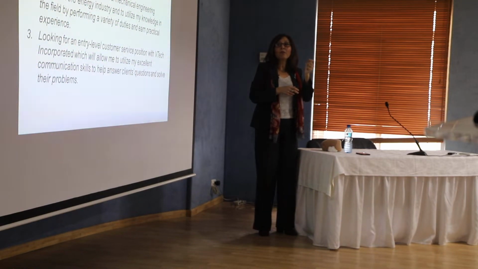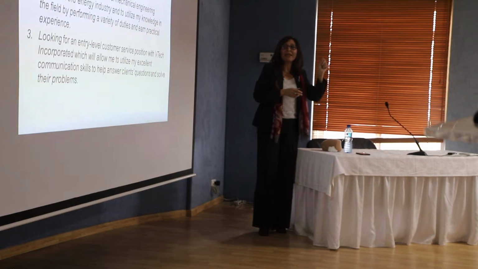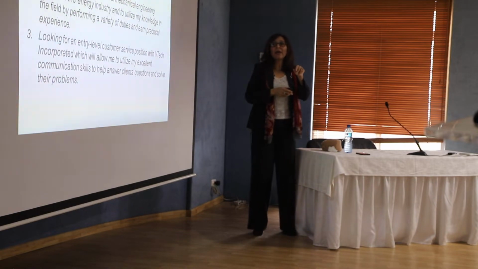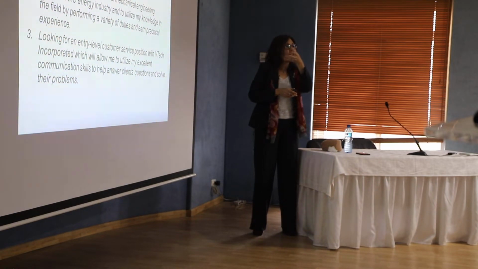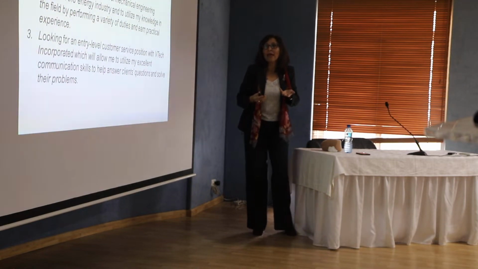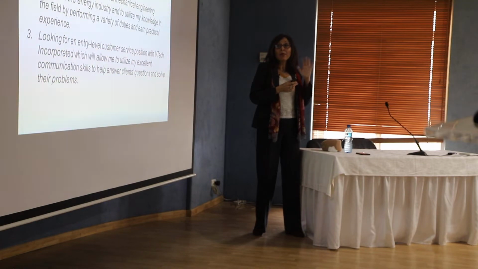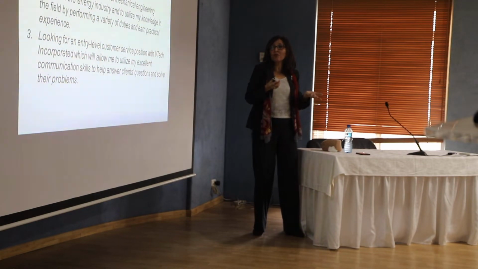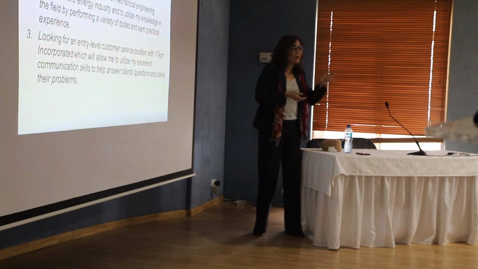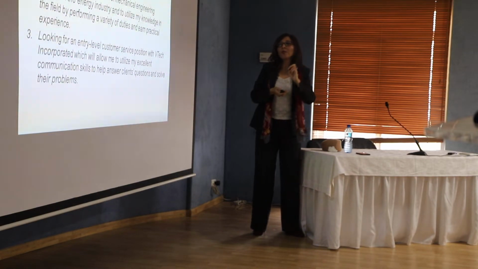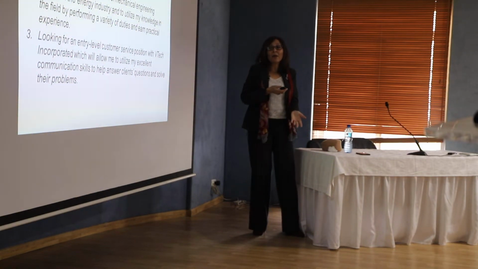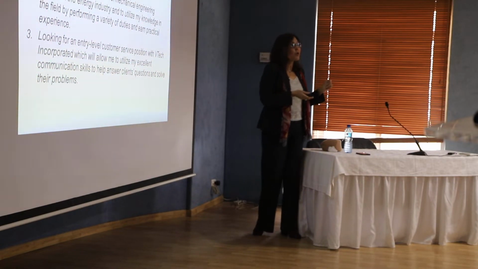It could be looking to obtain an entry-level mechanical engineering position in the energy industry. I specified which industry. And to utilize my knowledge in the field by performing a variety of duties and earn practical experience. Or it could be looking for an entry-level customer service position with VTech Incorporated, I named the company, which will allow me to utilize my excellent communication skills to help answer clients' questions and solve their problems.